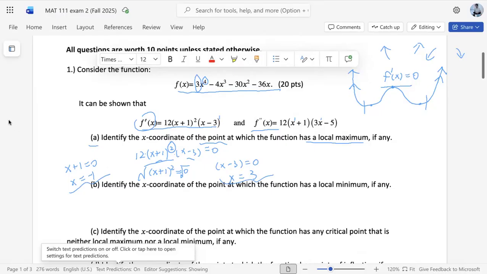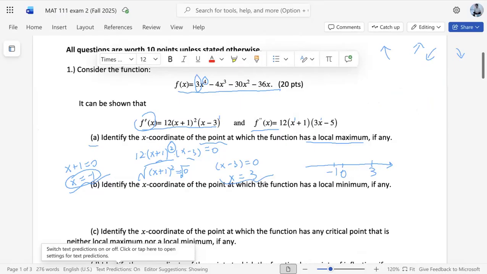This graph should just wiggle twice because those 2 are the same. All right, so how do we know? Now we have 2 critical numbers, so let's draw on the number line. Maybe this is 0, this is -1, this is 3.